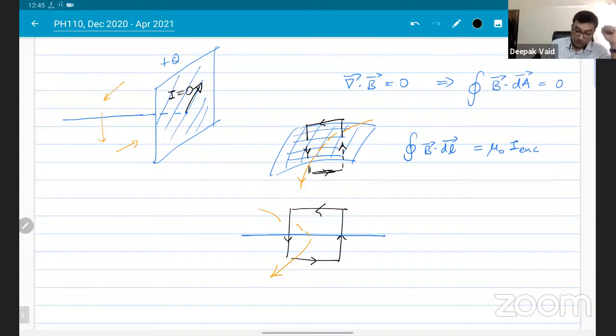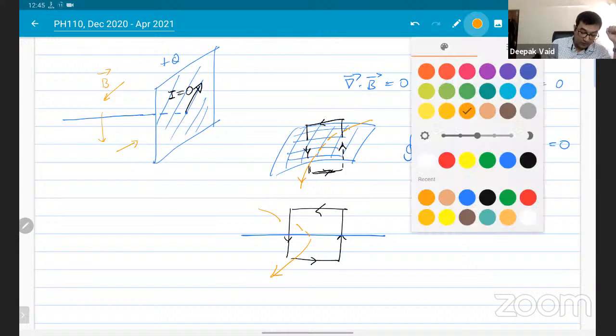So if there is no current, if this is 0, then the integral of B dot dl is 0. Now, here I have this B. This B is over here.